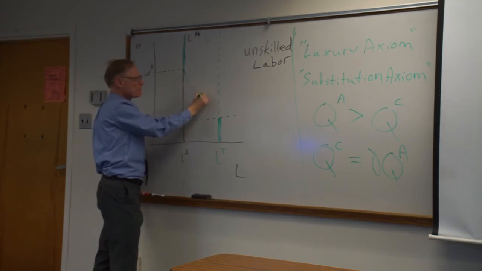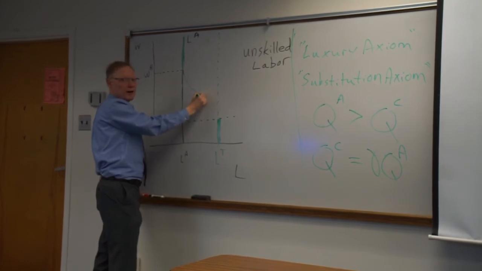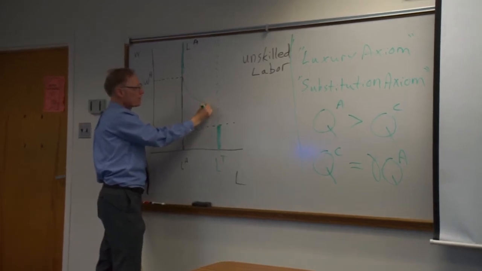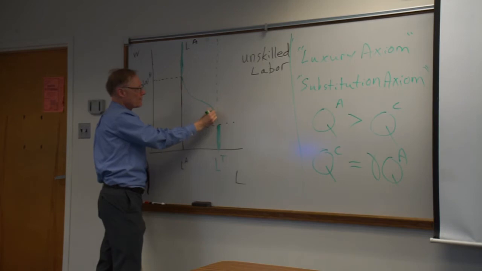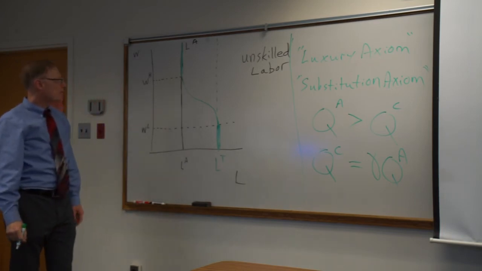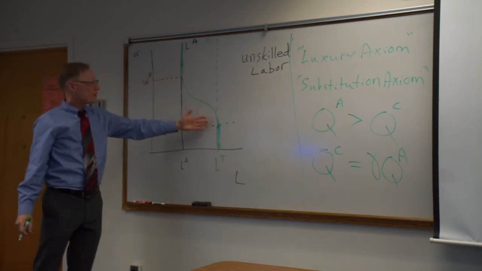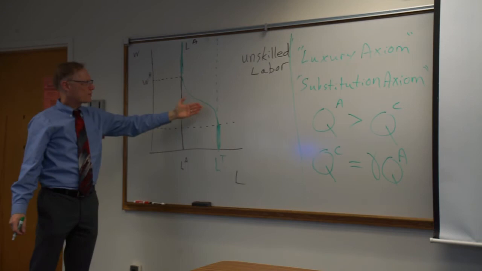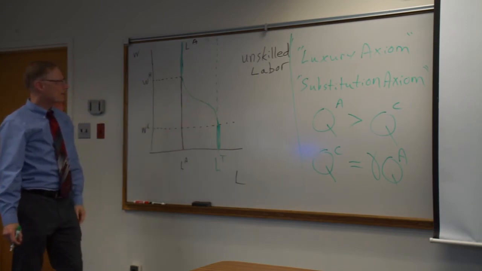Maybe you have someone who holds out but now has to send one child out. You have various families finally sending their last child out to work. So, as a result, this gives us the rest of the labor supply curve.